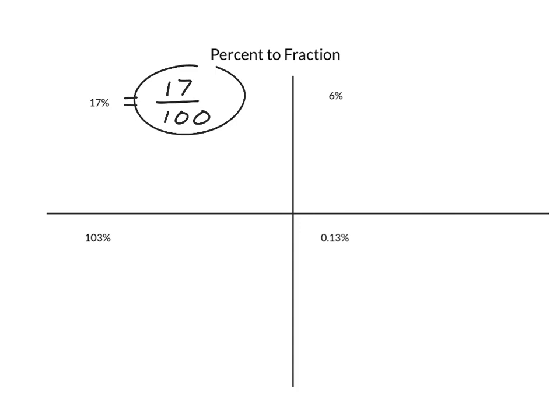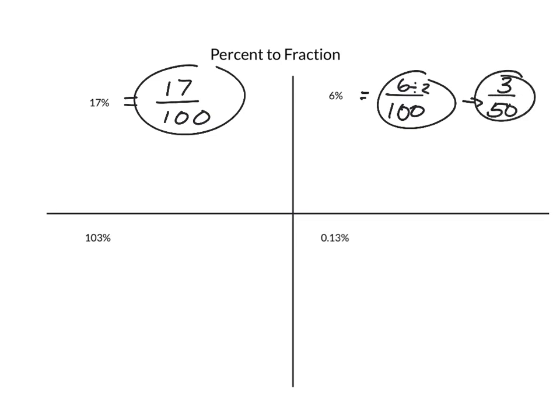6%. 6% is equal to 6 out of 100. That's my fraction. Okay, this one, we can simplify that to 3 out of 50. Okay, because we divide by 2, divide by 2. But 6 out of 100 is equivalent to 3/50.